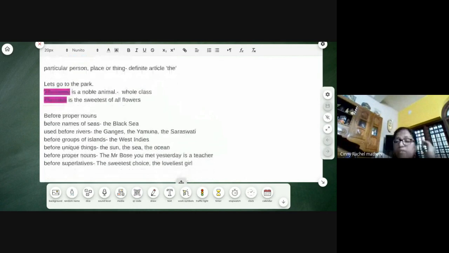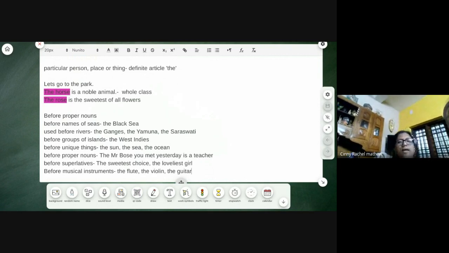So it can be used before superlatives. Now, it is also used before names of musical instruments, like the flute, the violin, the guitar, etc.